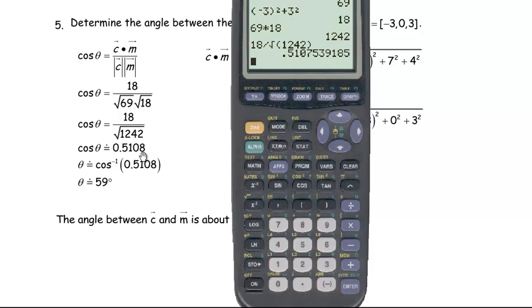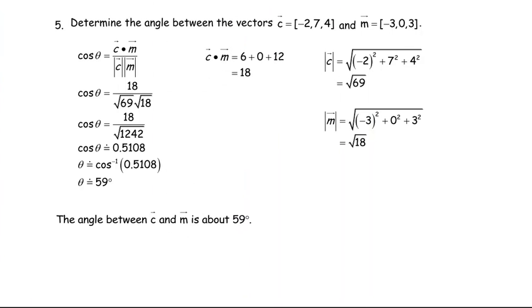Oh, a little rounding there. I see. I should have had a 7 there. Oh, no, it does round up. Okay, the 5 makes a 7 round to 8. I was looking at the 3 there. So 0.5108, so we take the inverse cos of 0.5108, which is about 59 degrees. I just round to the nearest degree. If you want it more accurate, you could do 59.3 or something like that.